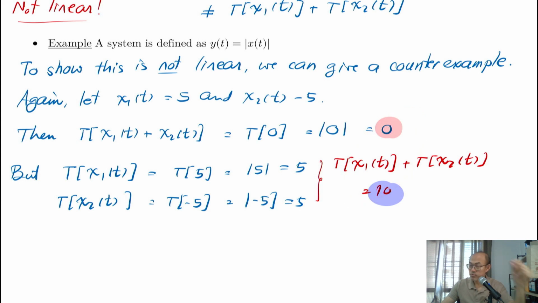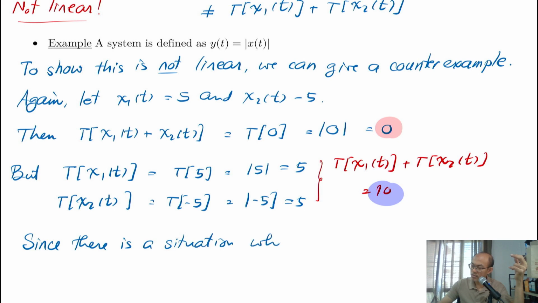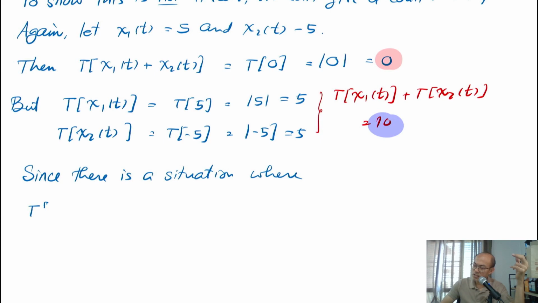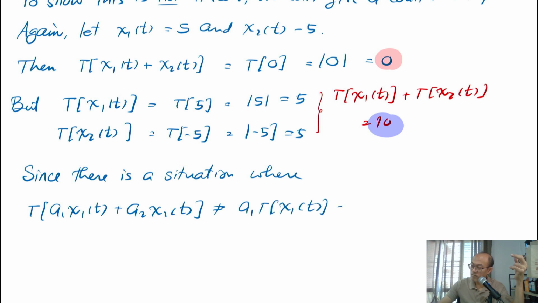So we conclude that this system is not linear, since there is a case where T of a1 x1 plus a2 x2 is not equal to a1 T of x1 plus a2 T of x2.